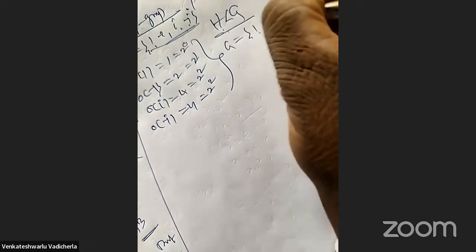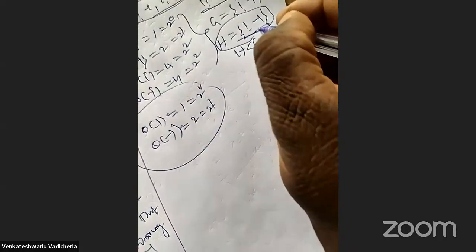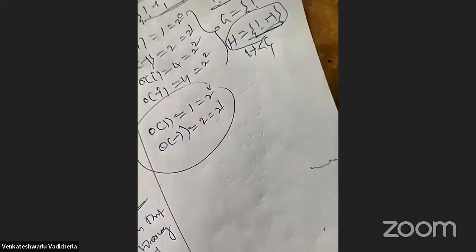So G is equal to {1, -1, i, -i}. H = {1, -1} is a subgroup of G. H has two elements, and we know the order of 1 is 1, which is 2 to the power 0. The order of -1 is 2, which is 2 to the power 1. The order of every element in H is some power of the prime, so that subgroup is called a P-subgroup.